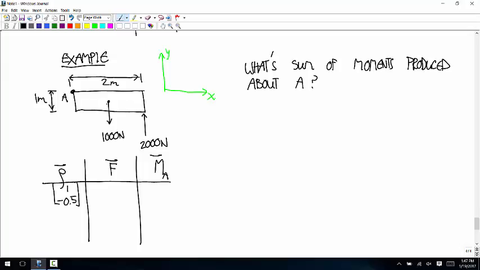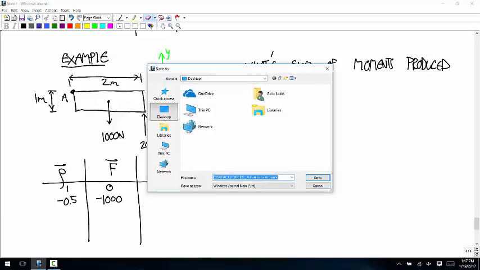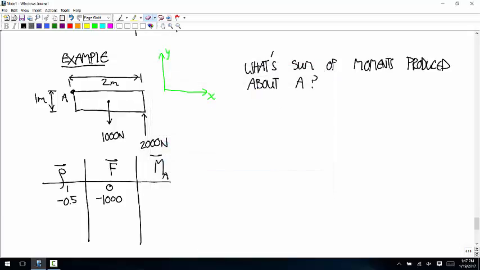The force vector is in the negative y direction with a magnitude of 1,000, so 0, negative 1,000. Actually, now that I say it, I'm going to start out by doing these all in 3D. I was using a shorthand, but let's do it like this for now. So the row vector was 1, negative 0.5, 0. Force vector is 0, negative 1,000, 0.